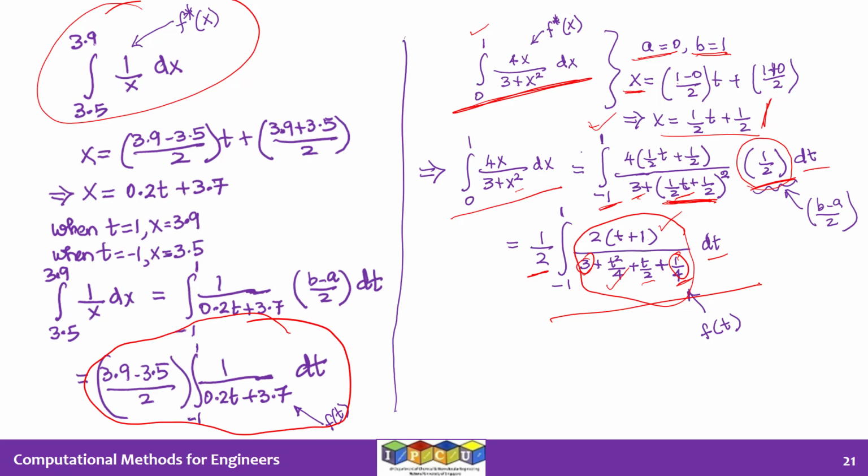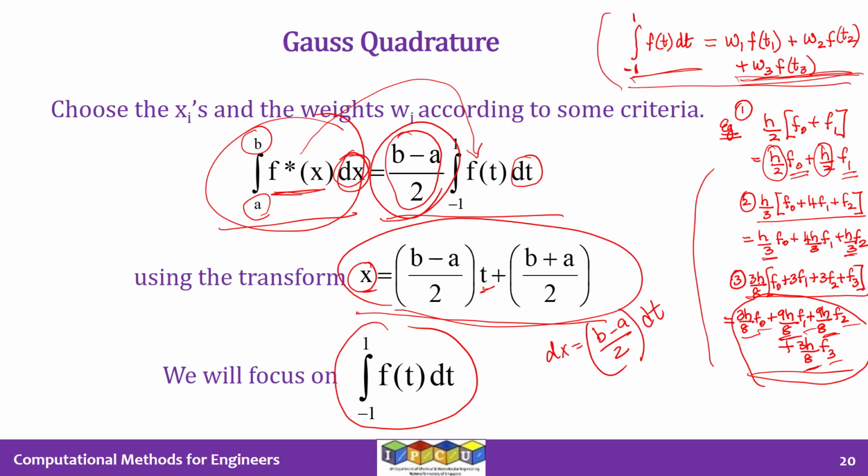What a wonderful idea to just observe the results with Simpson's rule, trapezoid rule, etc. And then say, well, I'm going to write the principle in the form of this equation, and I'm going to say what are the best values of W1, W2, and W3, and T1, T2, and T3. That just looks like a fantastic idea for us to learn about.